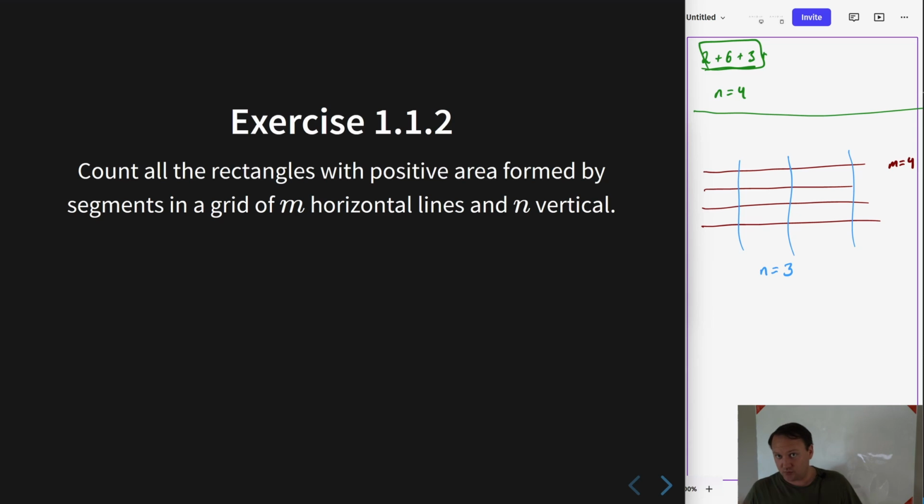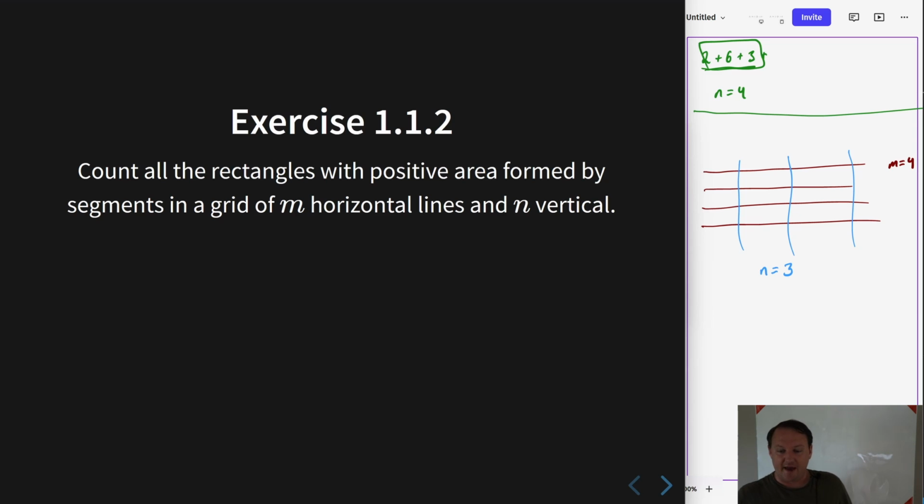It doesn't matter which one, without repetition, because if you chose the same horizontal line twice, you would have area 0. So we need to pick 2 distinct lines, and cannot do it with repetition. So choose two distinct horizontal lines from the available four, without order, because picking this one and that one, you get the same rectangle if you did it the other way around.